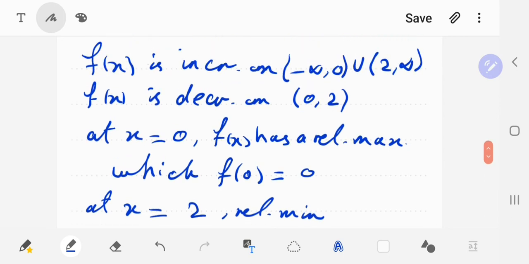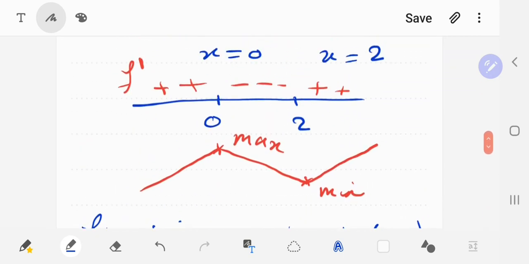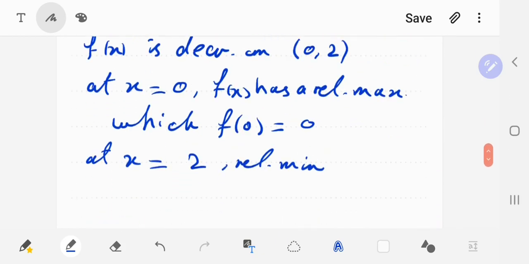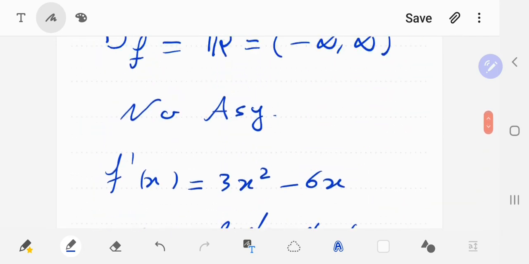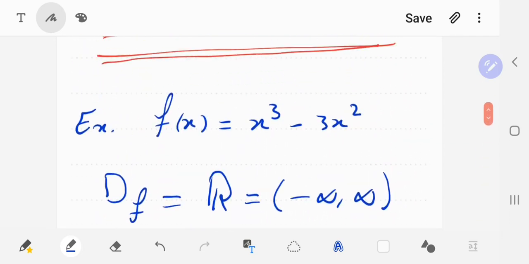In that case, we will call it absolute maximum or absolute minimum. So we have at x equals 2 a relative minimum, which is f of 2, and we have to check that again. Remember, this is f of x, so we have to go to f of x again.